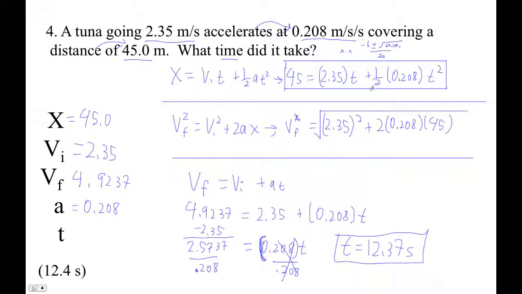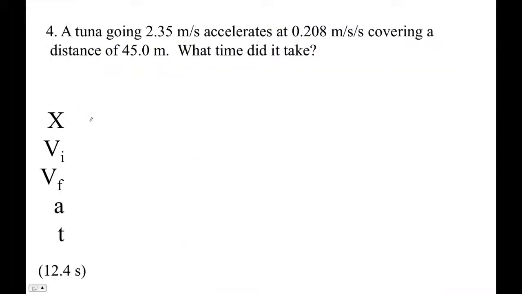Okay, so we did it without doing a quadratic equation. Yay. Now, the normal insane people would stop the video here, but you know what? I'm going to show you how to do the quadratic. You ready for this? So this guy is 45. This guy is 2.35. This guy is 0.208, right?